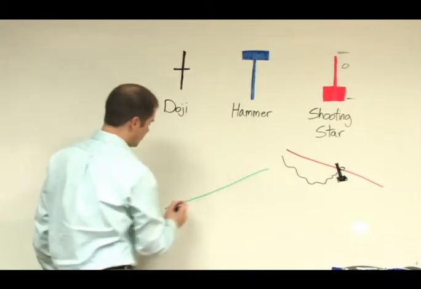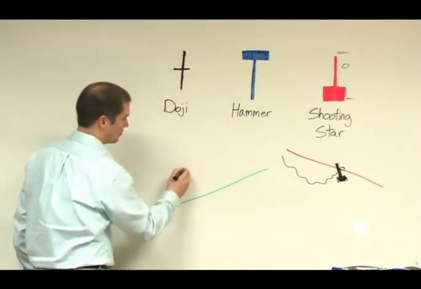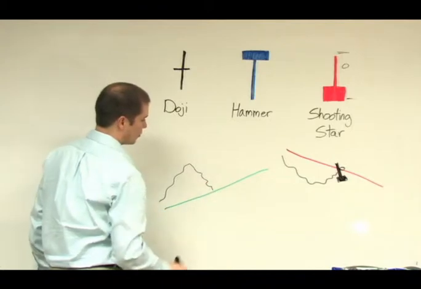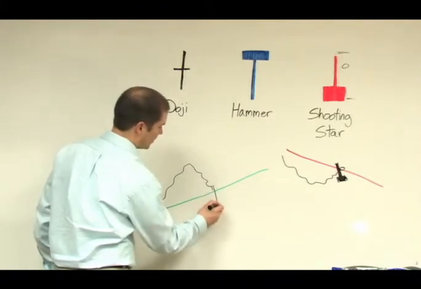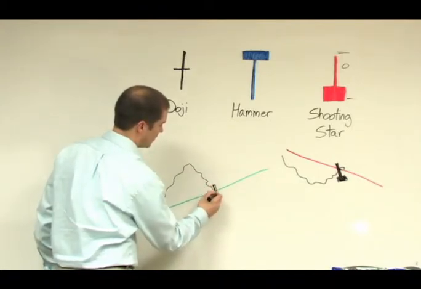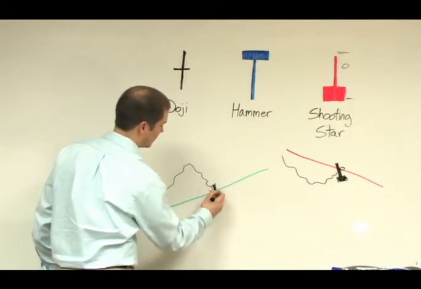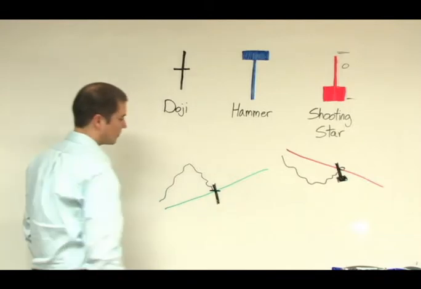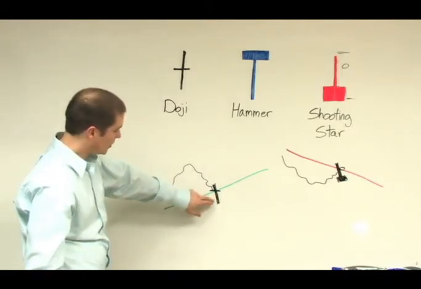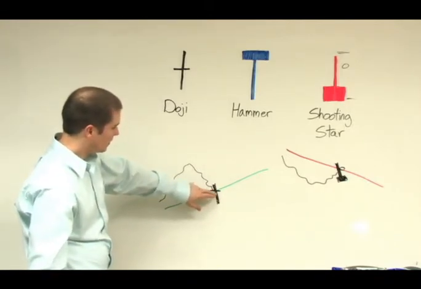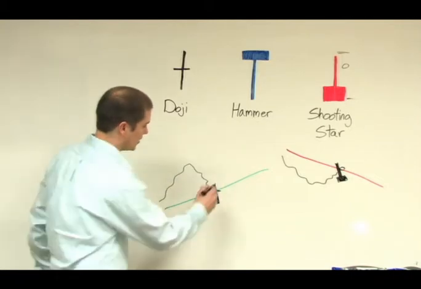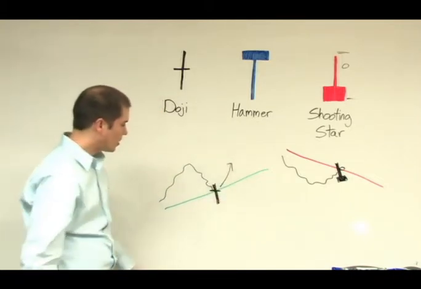So let me draw up a situation here with the hammer. So we have prices in an uptrend. They're working their way down. And let's say we get, maybe not a hammer, but let's say we get a doji-like candle here that forms. And since I have this really long wick to the downside, again, if I feel good about the trend, I'll just go ahead and enter on the next candle, going long.